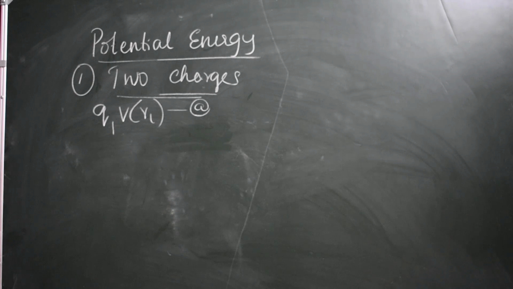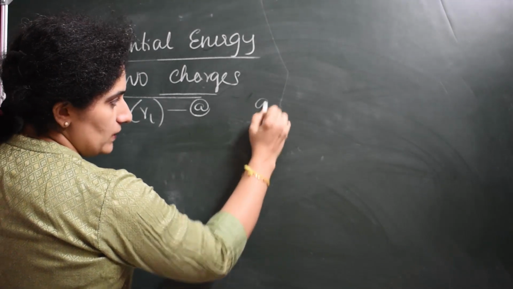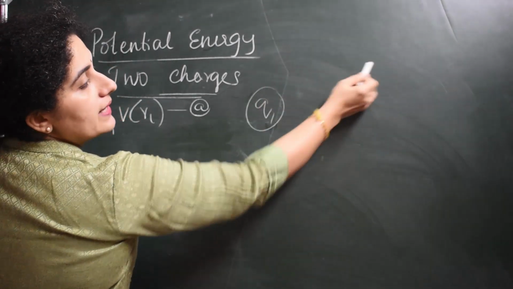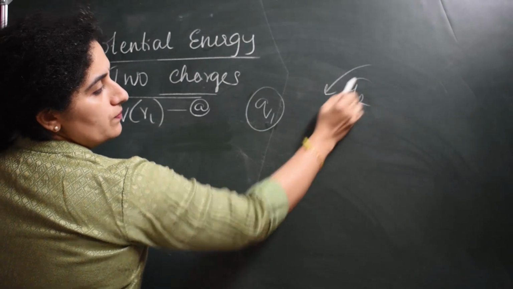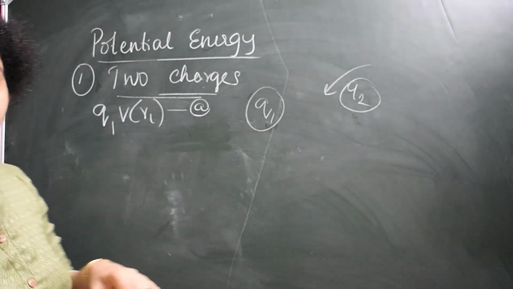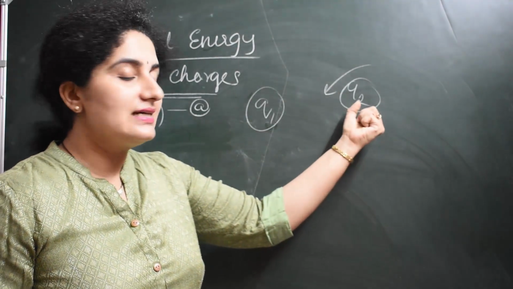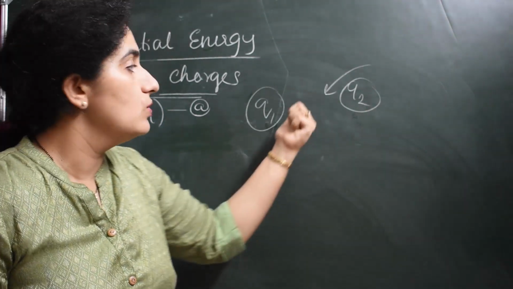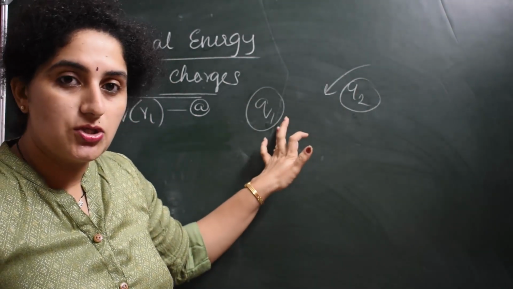Now bring the second charge Q2 into the picture. Now what has to be done is work done on Q2 against the field due to Q1. So you have already Q1 present here. Bring another charge Q2. What do you have to do now? You have to do some extra amount of work in bringing this Q2 near the point Q1.